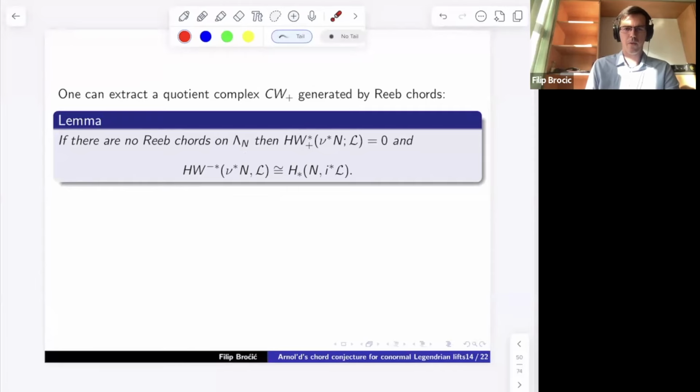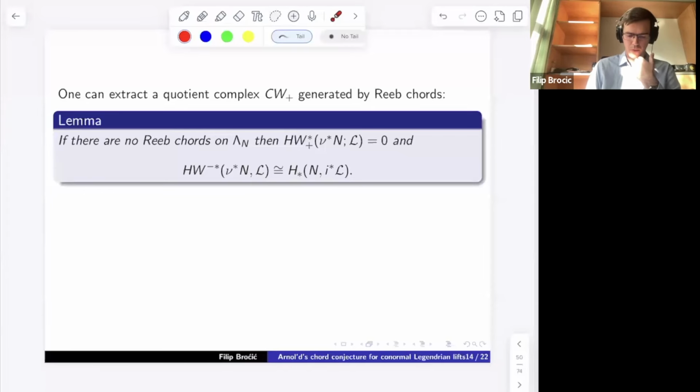From this remark, we can see that we can extract additional data. We can take the positive wrapped complex, which is a quotient complex essentially generated by the Reeb chords. And since it is generated by the Reeb chords, we have the following lemma. If there are no Reeb chords on the Legendrian, then positive Floer cohomology will vanish over all choices of local coefficients.